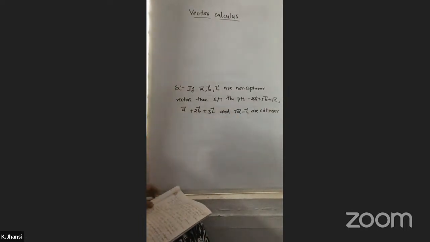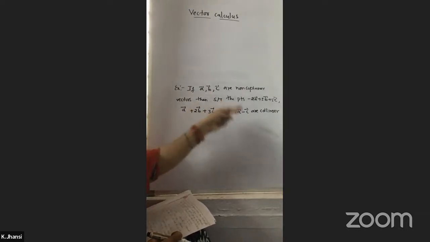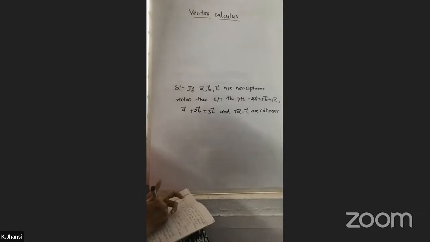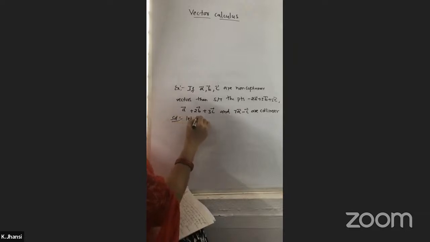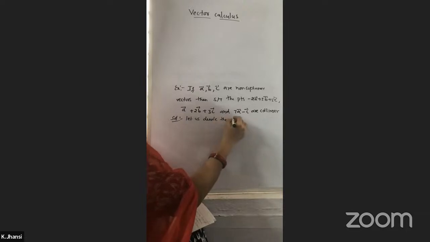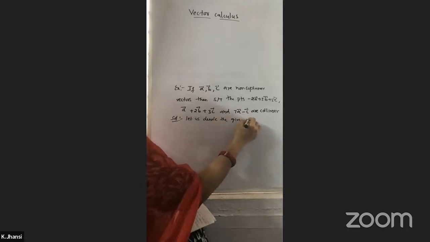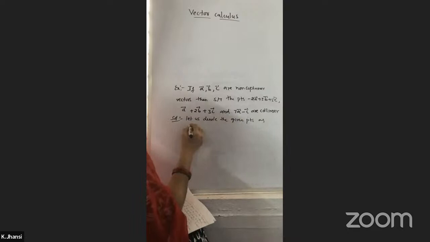We have to show that these points are collinear. The given points are these three. You can represent those three points as point A, point B, and point C. Let us denote the given points as A, B, C.